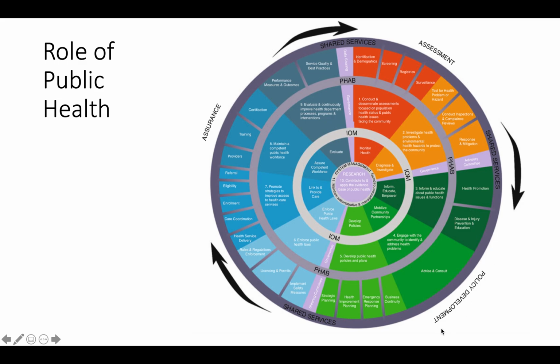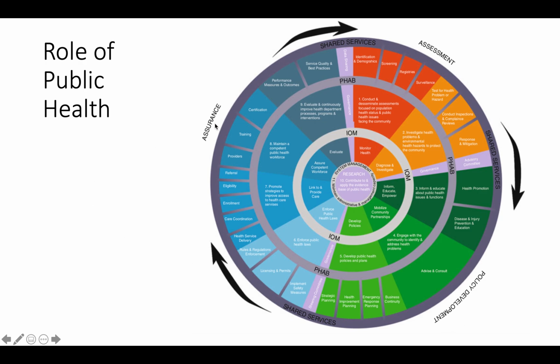In policy development, you need to have strategic planning, you need to have health improvement planning, advise and consult, health promotion. So these are services that you should organize or at least promote or help support to ensure your role as policy maker, policy development.